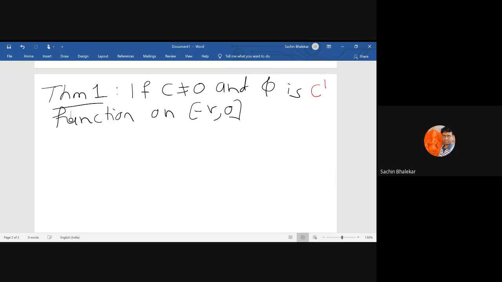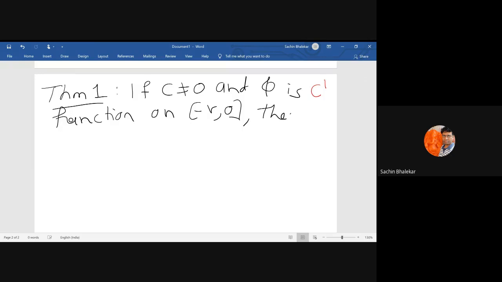So we need to differentiate the function x for the interval minus r to 0 also. Since we need the derivative in this region, and in this region x is the same as phi, the initial data phi needs to be differentiable. Moreover, that derivative should be continuous.